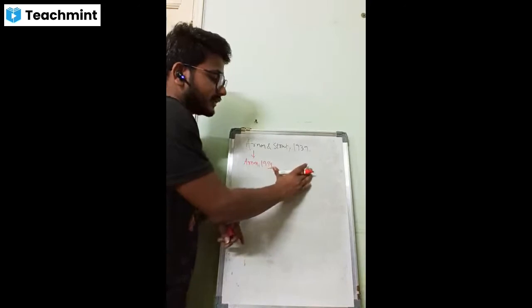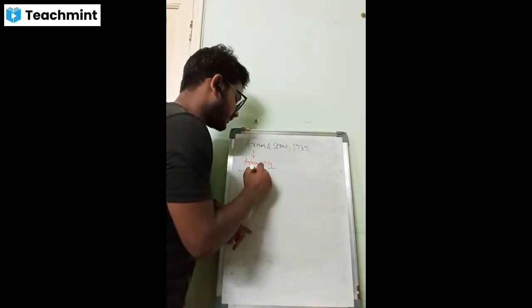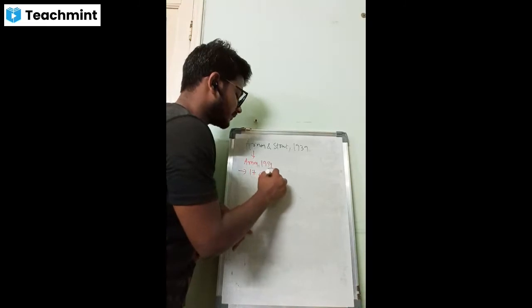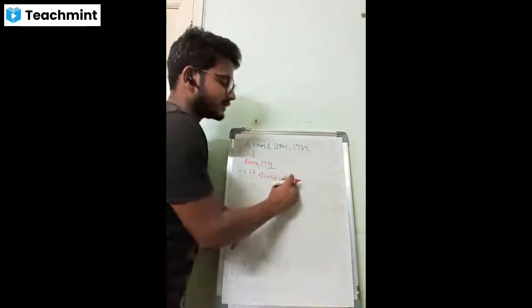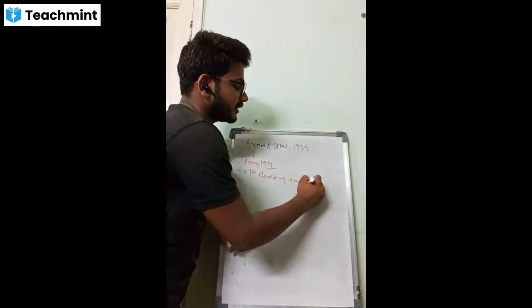According to this criteria of essentiality, they gave 17 elements as essential, called essential nutrients or essential elements.